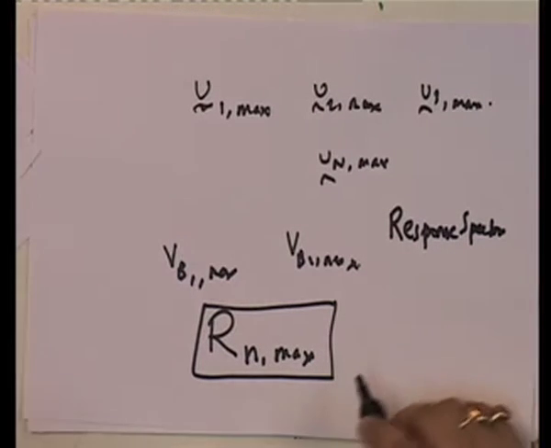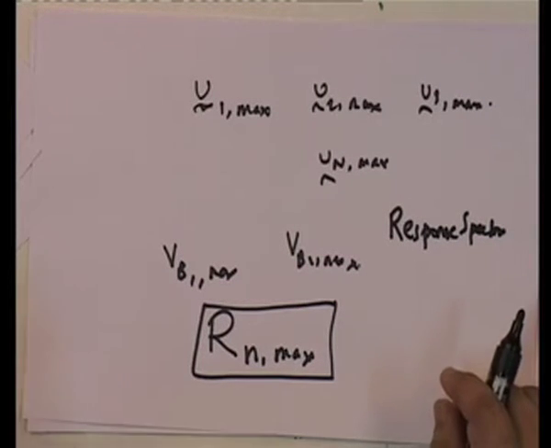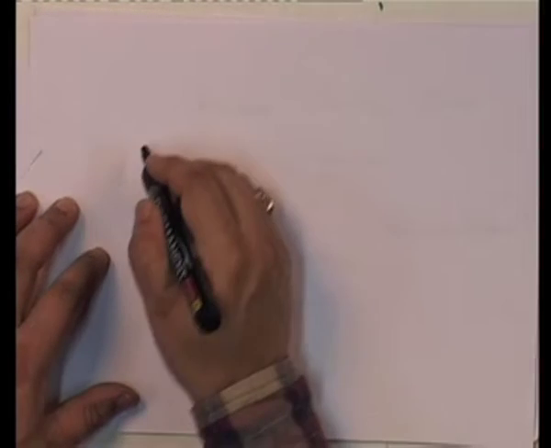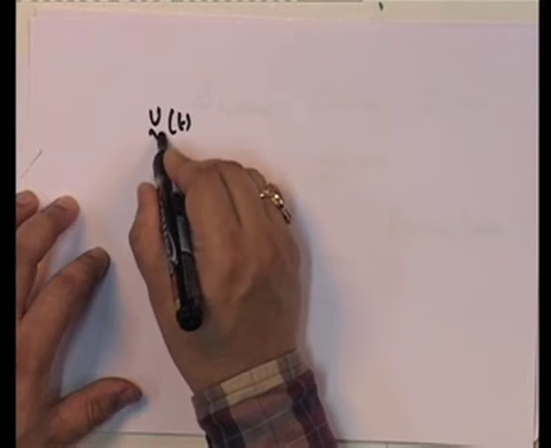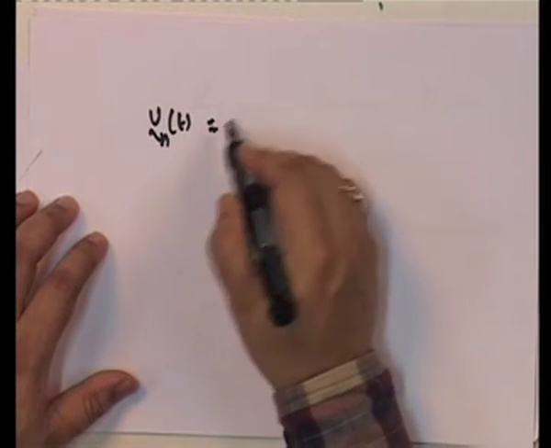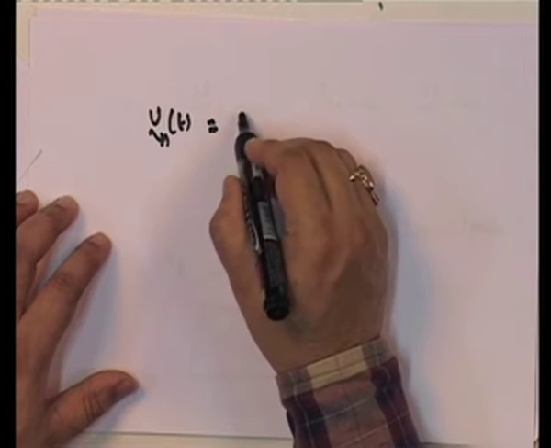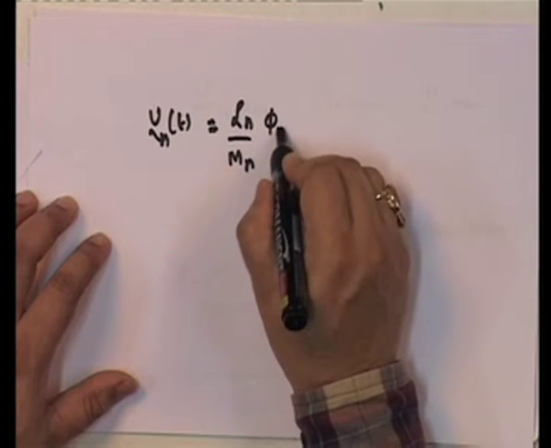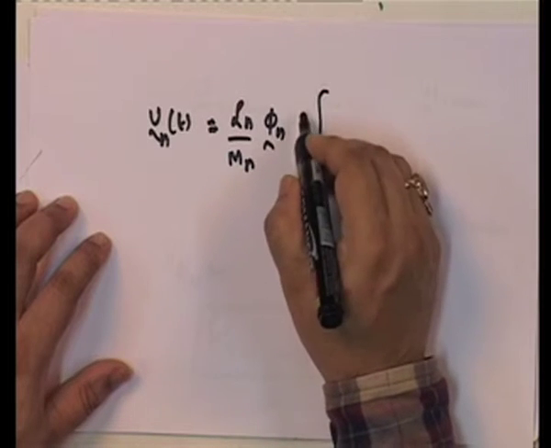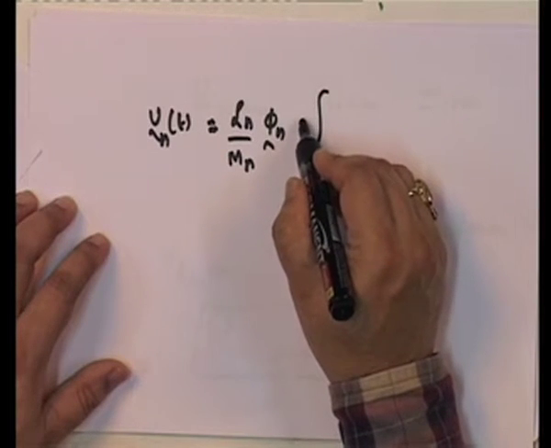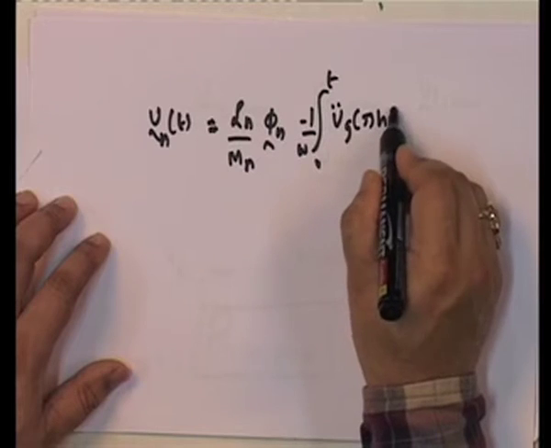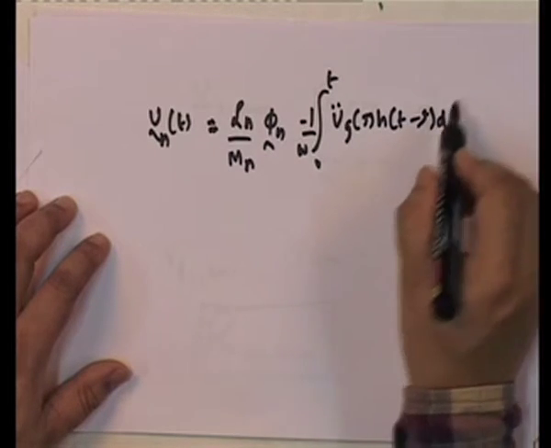If I was using the time history, and I found out, for example, Vn of t, this would be equal to Ln upon Mn into phi n into minus 1 upon omega n, integral 0 to t of Vg double dot of tau into Ht minus tau, which is the unit impulse response function.